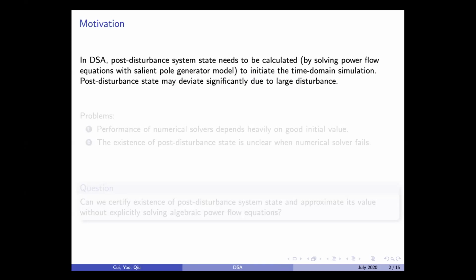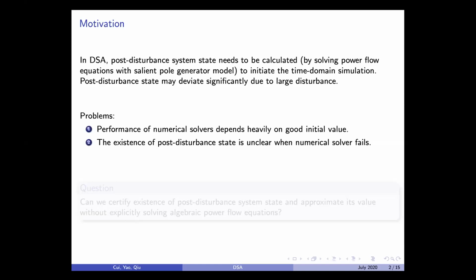One of the issues we face is that sometimes when we have a significant disturbance, the post-disturbance system state will deviate a lot from the pre-disturbance system state. And this poses some computational issues. So the problems are as follows. First, the performance of some numerical solvers for the power flow equations depends heavily on good initial values.